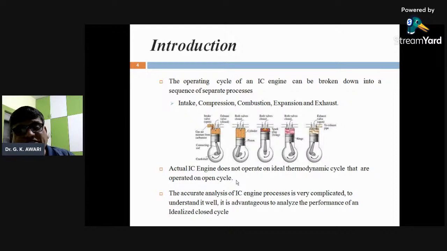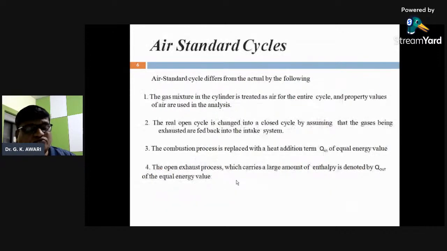So there will be certain changes. The accurate analysis of the IC engine process is very complicated, and it is advantageous to analyze the performance of an idealized closed cycle, which means that knowledge of the theoretical cycle and the practical cycle is required to analyze the engine performance and to better design these kinds of IC engines.